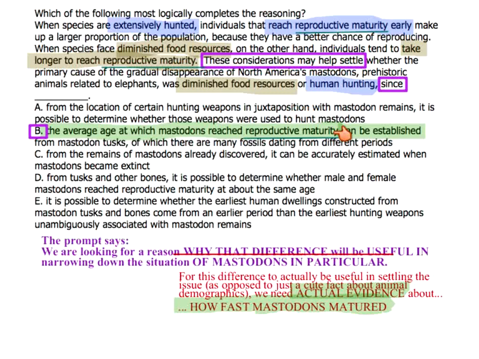You could actually replace this with their Sweet 16 or their Quinceañera or whatever. It doesn't make any difference. Individuals that graduated from high school earlier. Mastodons didn't go to high school, presumably, but if you did that, this problem would still work. When there's a lot of hunting, the mastodons that graduated from high school early would be more. When there's less food, they take longer to graduate from high school.